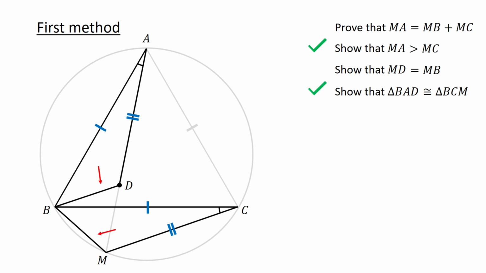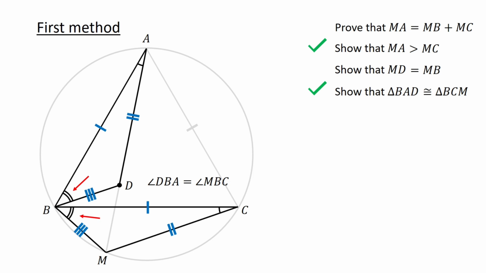Since the line segments DB and MB are corresponding sides of congruent triangles, we have DB equals MB. Similarly, since angle DBA and angle MBC are corresponding angles of congruent triangles, we have angle DBA equals angle MBC.